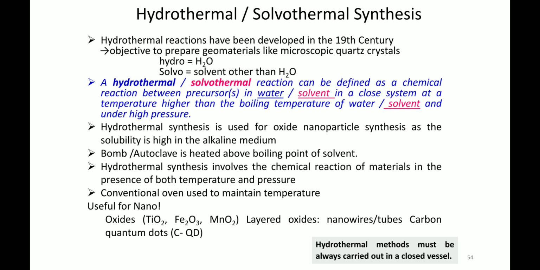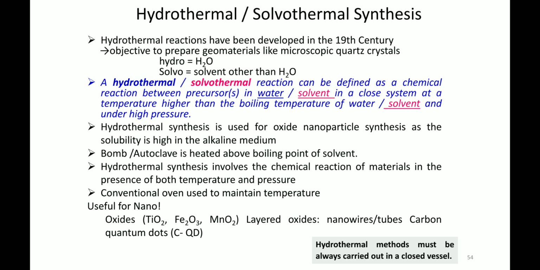However, there is some change in the type of solvent which we are going to use, and depending upon which type of solvent we are using, in order to differentiate, we use different names: hydrothermal and solvothermal methods.